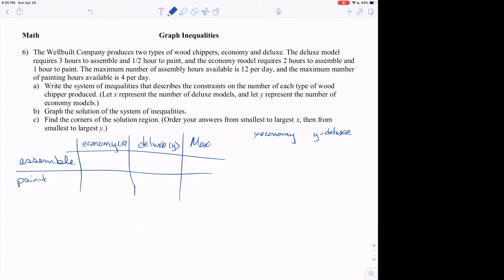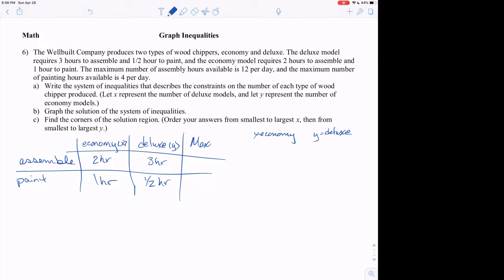So it takes 2 hours to assemble our economy, and it requires 3 hours to assemble our deluxe. It takes half an hour to paint our deluxe, and it takes an hour to paint our economy.